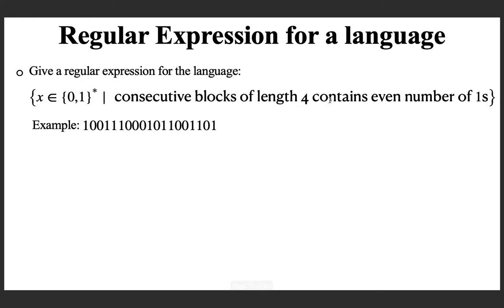Example, this is a string in the language because if you look at consecutive blocks of length 4, this is the first block, then this is the second block, third block, fourth block, likewise it goes. You don't have to worry about this because there is no 4 length block here. So leave the last sequence of bits if it is less than 4.